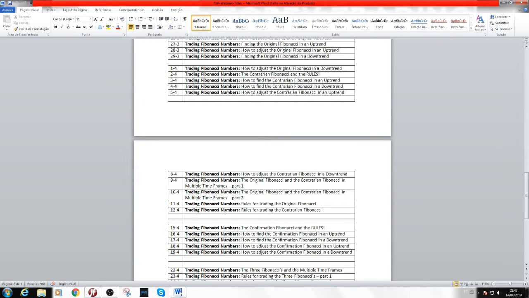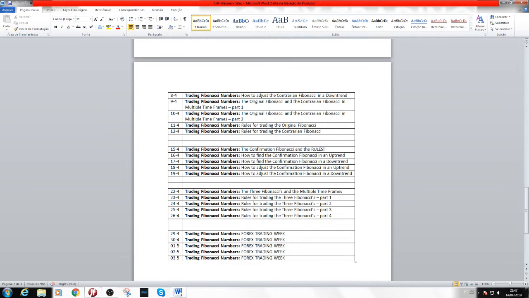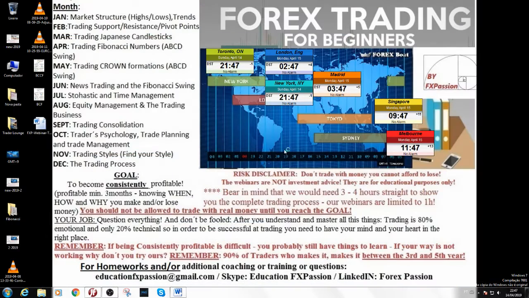So, if we are following this schedule, everybody, today is Monday, April the 15th, right? So, it's Trading Fibonacci Numbers. The title for today should be the Confirmation Fibonacci and the Rules.